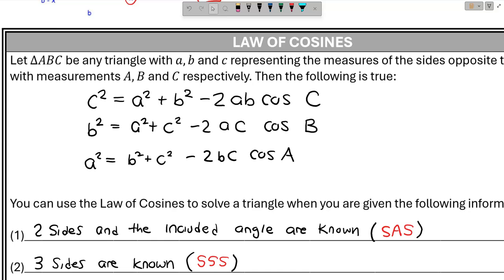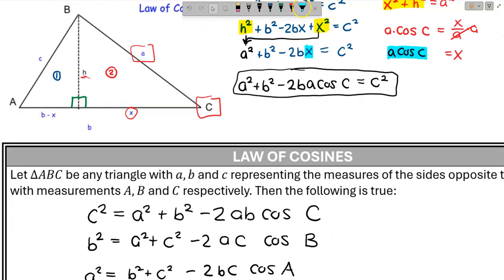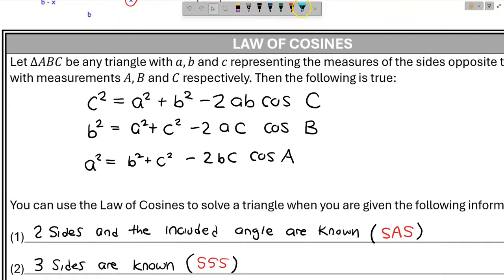So here it is down below. Now, I've moved the c squared that was on the right over to the left-hand side. The reason I did this is because if you look at this formula, it looks like the Pythagorean theorem. In fact, the Pythagorean theorem is partially connected to the law of cosines. But what I want to mention here is that the hypotenuse doesn't have to be the last term, or the one that it's equal to.